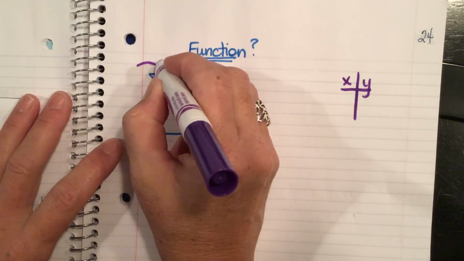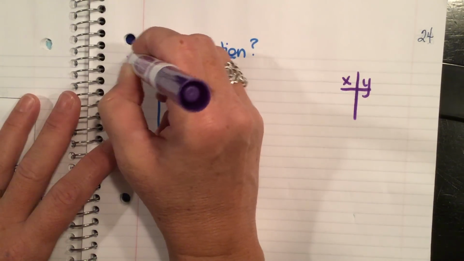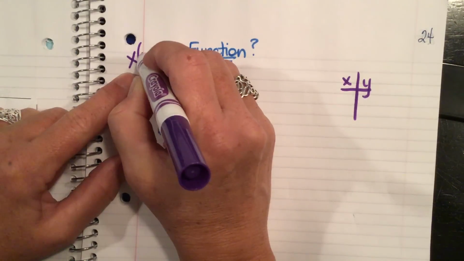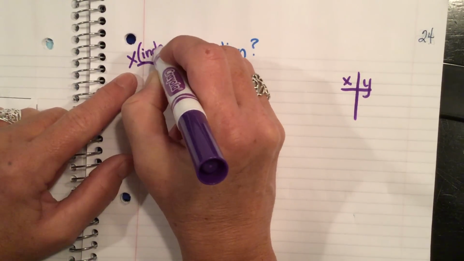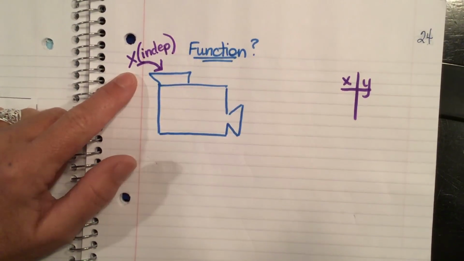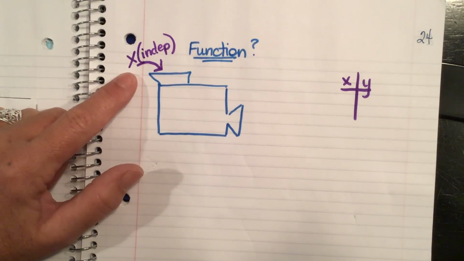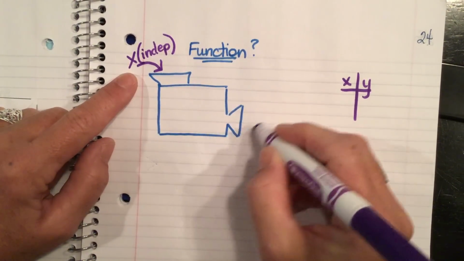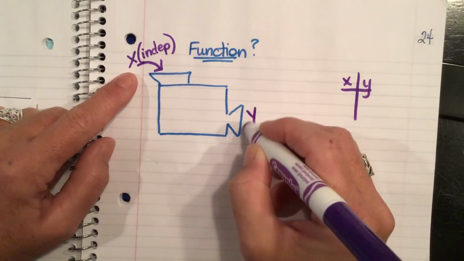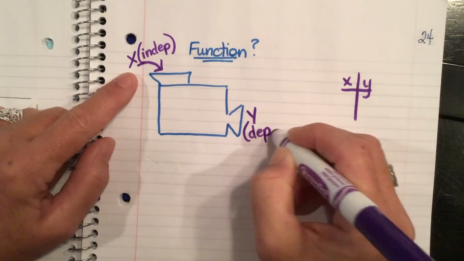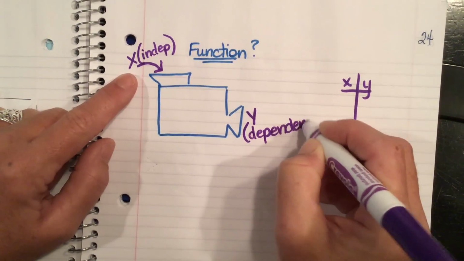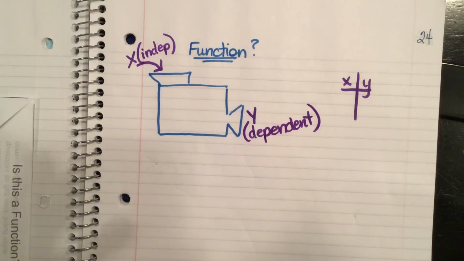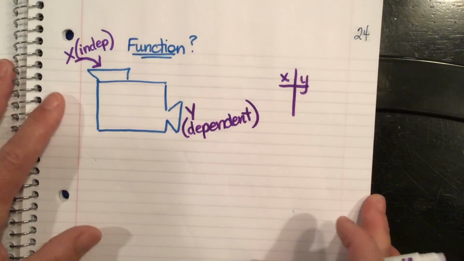When you input an x, remember that the x is always an independent variable. And when we say independent, it means that it acts on its own. In other words, my output is the y, which is dependent on my x. Okay?